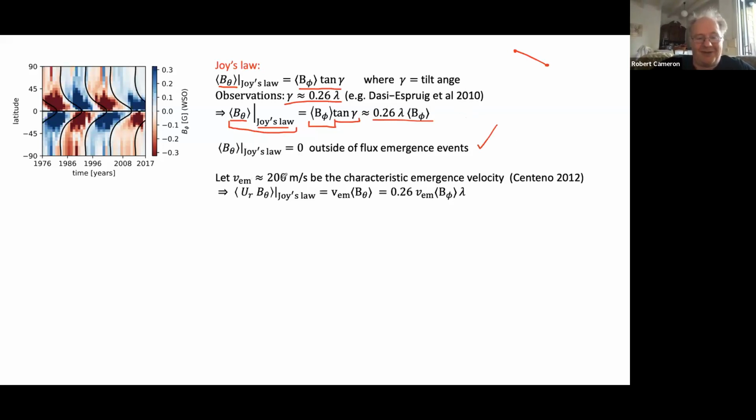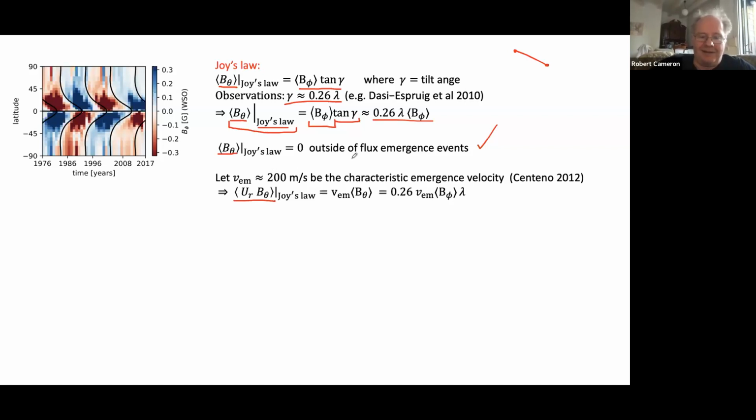Before, we saw the emergence velocity is about 200 meters per second from Centeno. So now we can have the mean value of U_r B_theta. U is going to be 200 meters per second.